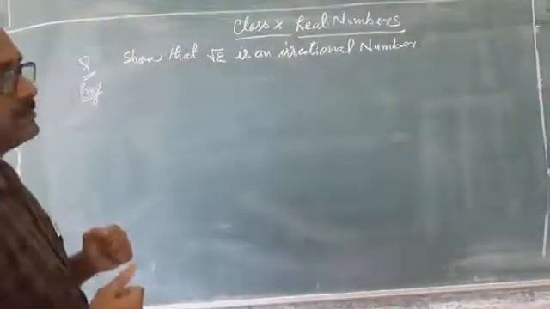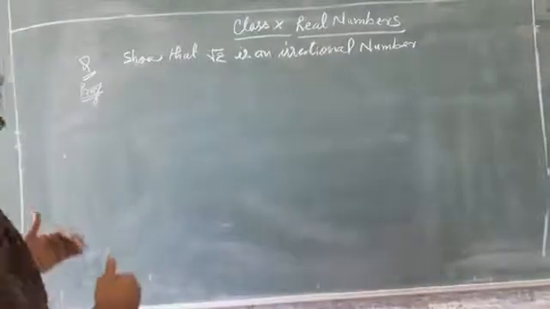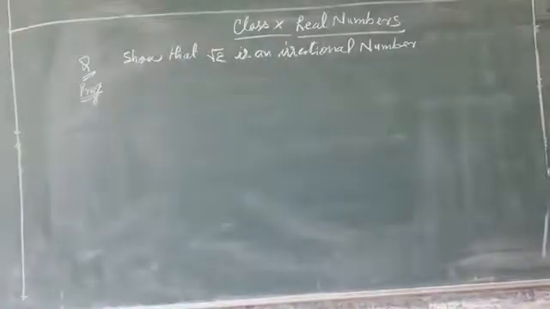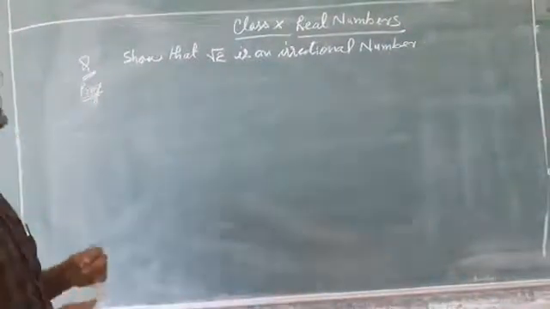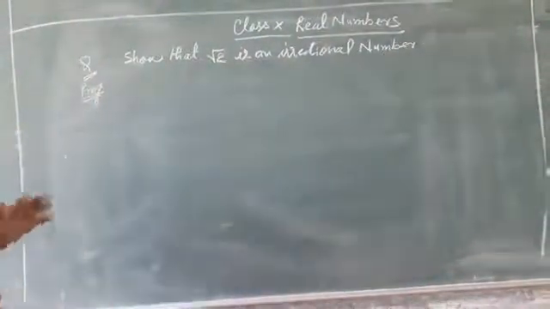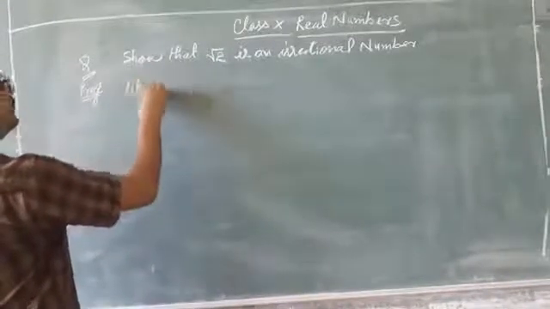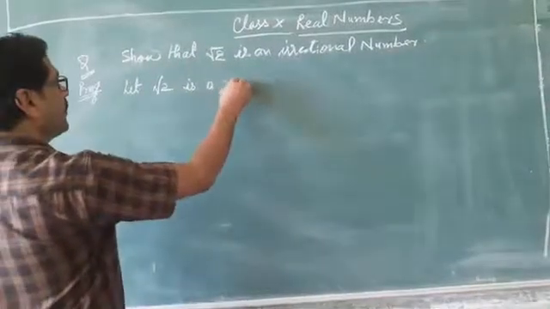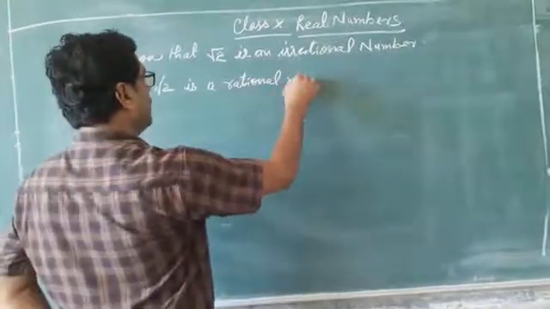In the contradiction method, we assume a phenomenon, act through this phenomenon, and find that what we assumed is wrong. So this is called the contradiction method. Let root 2 be a rational number.